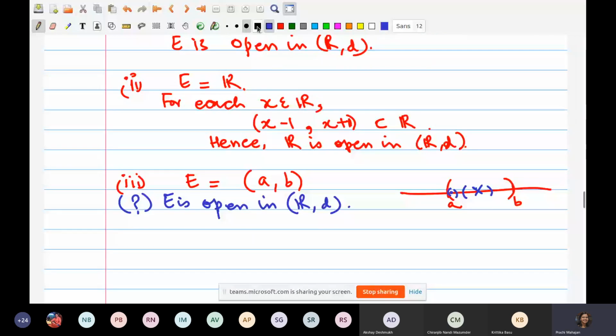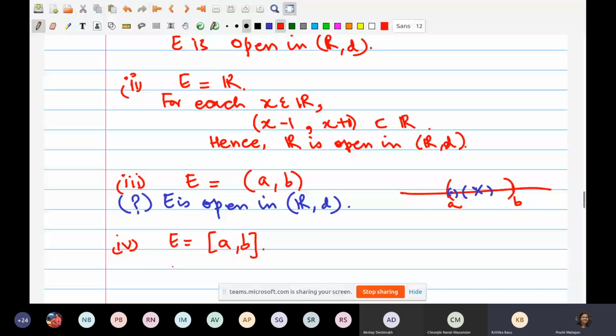Example 4. What if I take E to be the closed interval [a, b]? Again, I ask the same question. Is E open in R? Now I am allowing the endpoints a and b also. Is E open in R?